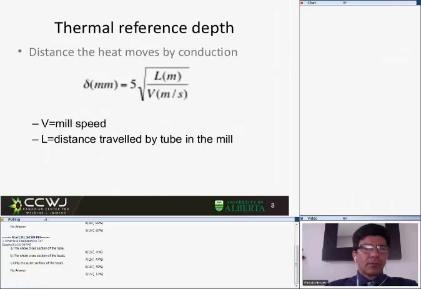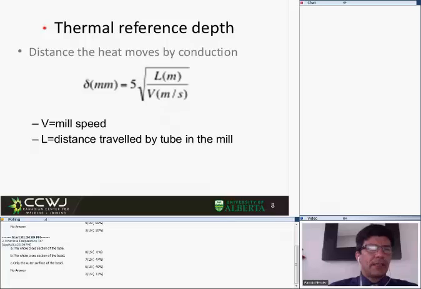So as we talk about the heat moving through the thickness, there is something fairly established in the heat transfer community, and people call it characteristic distance of heat transfer.